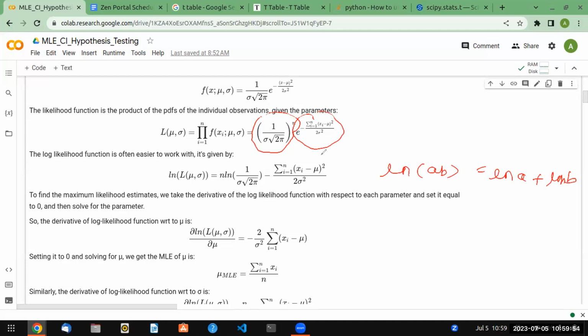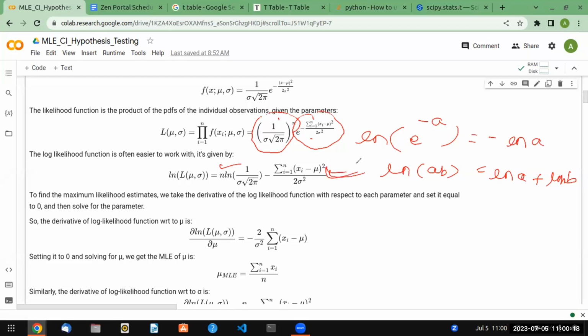And in b, it is e to the power minus a. Log of e to the power minus a is minus a. This is what we did actually. And a is this part, b is this part. If we apply this formula, you will get n ln this minus this.